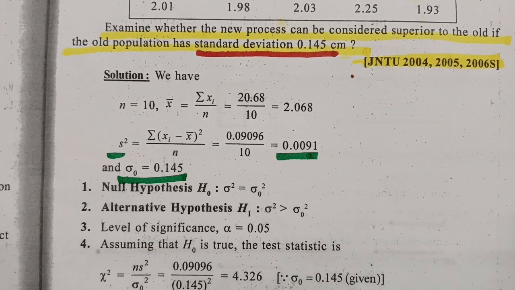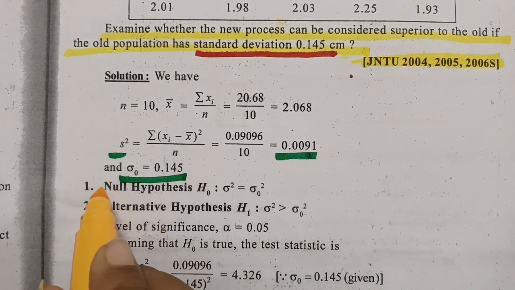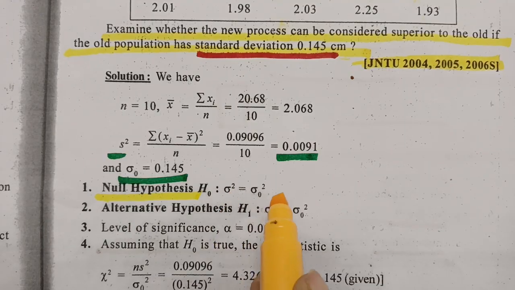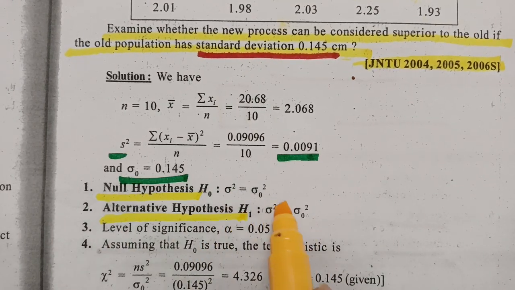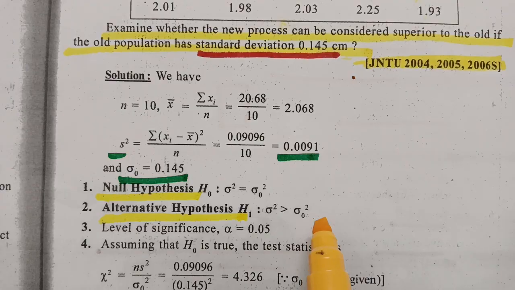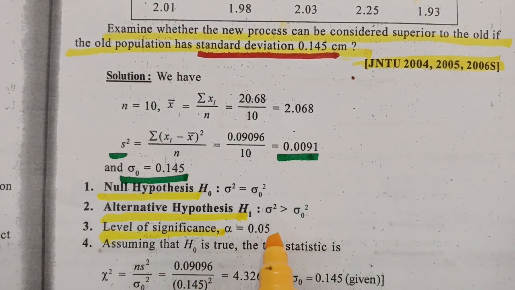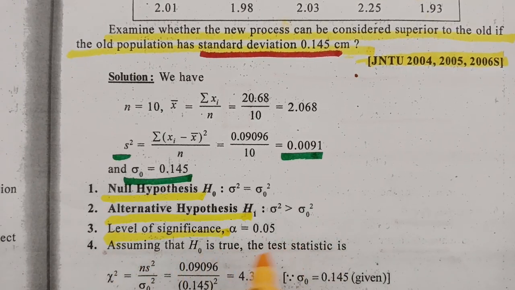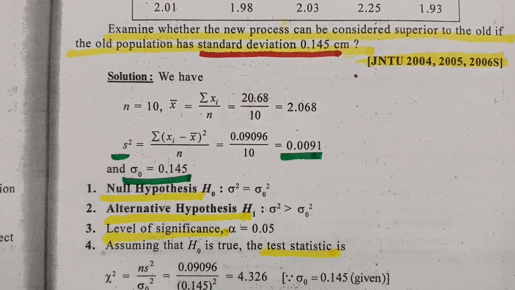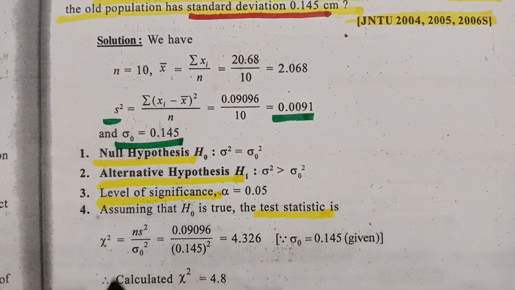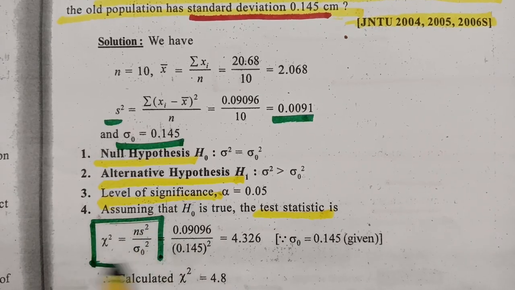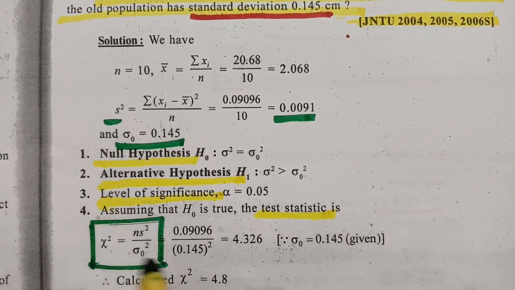Every time we have to follow 5 steps. The first is the null hypothesis: sigma square is equal to sigma naught square. The alternate hypothesis: sigma square greater than sigma naught square. The level of significance is 0.05. Assuming H naught to be true, the test statistic is chi square equal to n s square by sigma naught square, with n equal to 10.